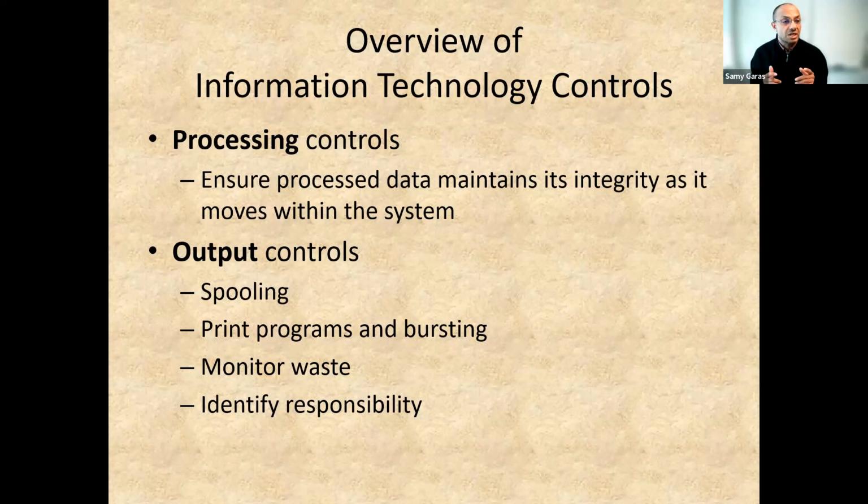Because remember, the IT professionals can use different software that can manipulate the data. The output, whether it's in the form of printouts or files or shows up on the monitor, should be correct as well. And then we identify the responsibility of the users.